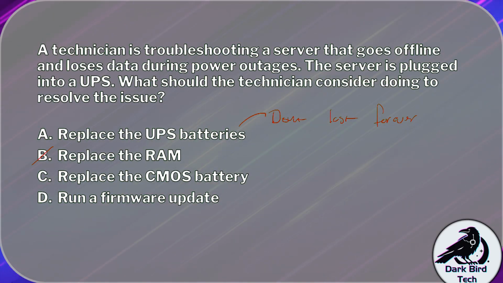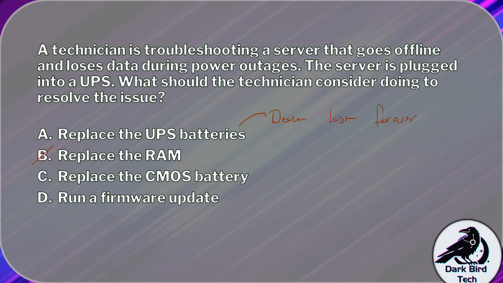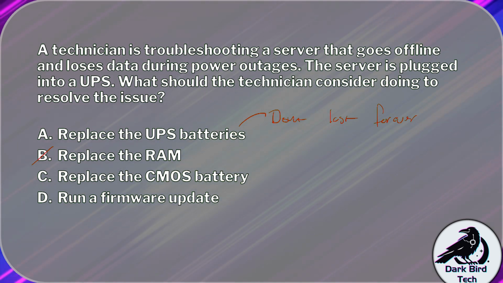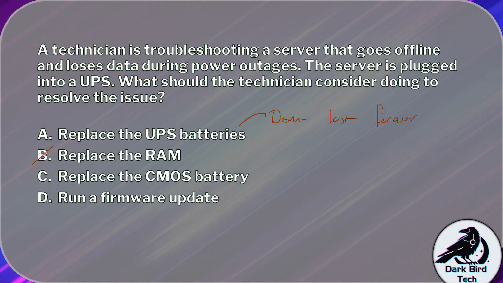That's what the CMOS battery maintains in firmware, is the hardware clock, or the real-time clock as it's called, and any settings that can't be stored permanently in the firmware chips. But that would be a problem for any computer, whether it be a laptop, server or desktop. Here, we're talking about a server that goes offline and loses data during power outages. Not necessarily settings, we're talking data. So, and they did mention specifically a UPS.